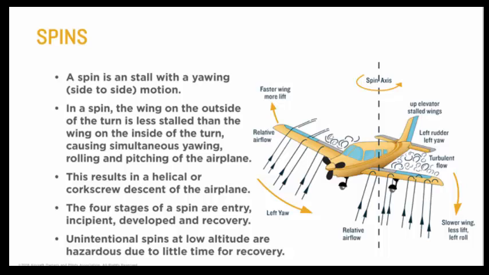And so the recovery phase is the corrective action you're taking to stop the spin. Depending on the airplane, this phase can last from a quarter of a turn to several turns.